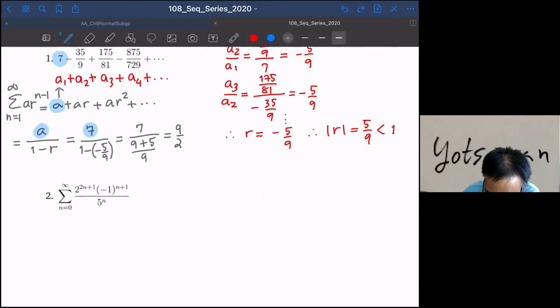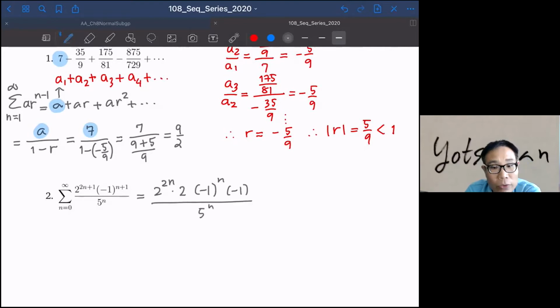So this will be 4 to the n, 2 to the 2n times 2, negative 1 to the n, negative 1 over 5 to the n. We just use the exponential rule to obtain something like this. And you see that this turns out to be 4 to the n times negative 2 minus 1 to the n over 5 to the n.